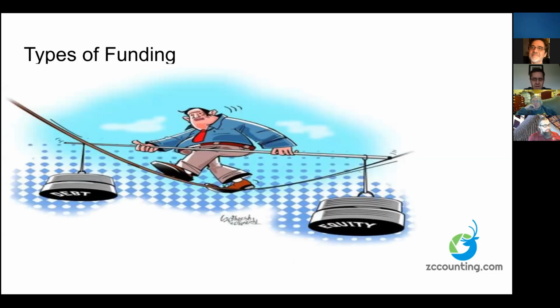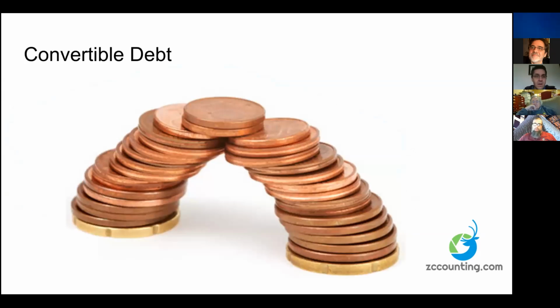I don't know what everyone's level is in terms of what their startup does or where we're at, but we're going to talk about the different forms of funding. So there are 2 ways that people typically raise seed capital, and those are debt and equity. Debt usually is in the form of a convertible note, and then equity is like selling a little bit of your company.